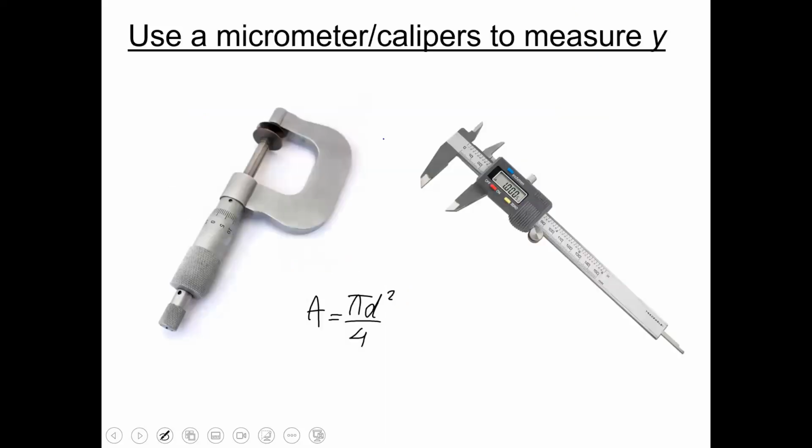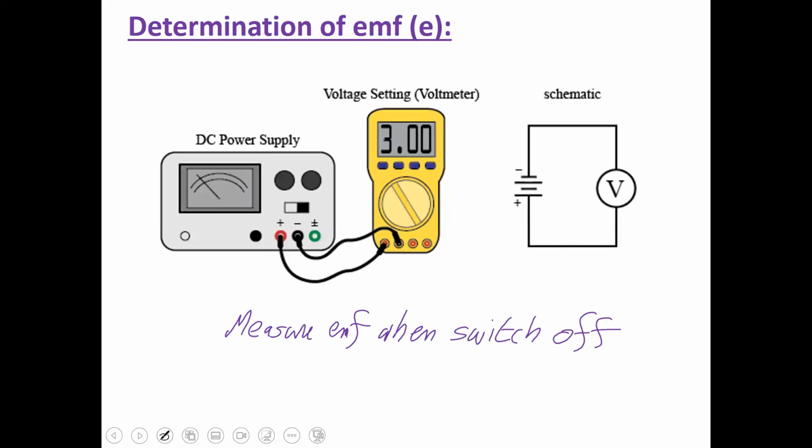Use a micrometer to measure Y. Area can be found by pi d square upon 4.